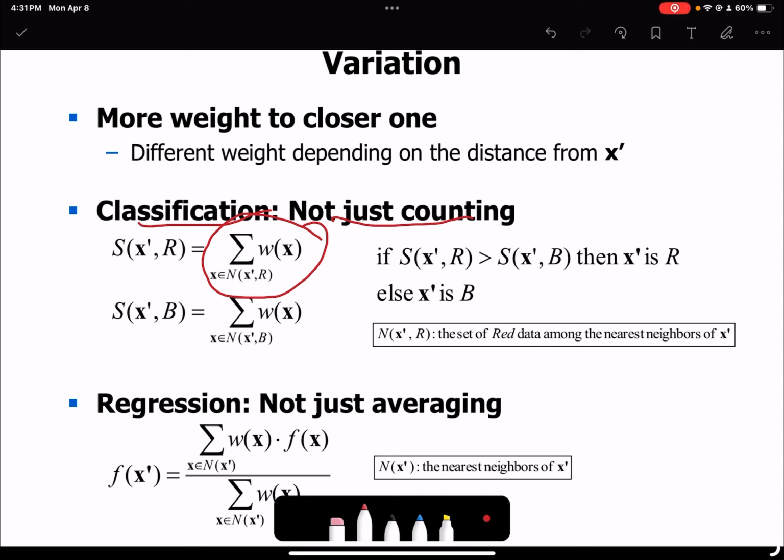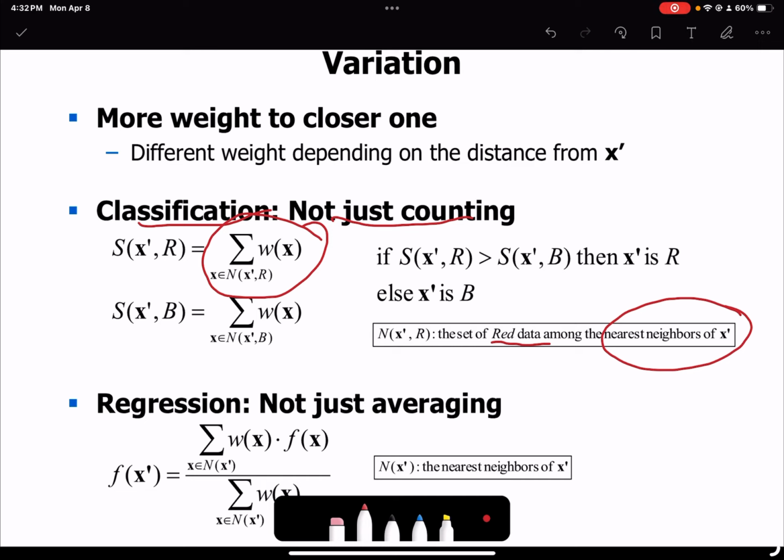In case of regression, we are not just counting, we are assigning the weights, and then we sum the weights of all those points among the red data, in case of the nearest neighbors of x bar.